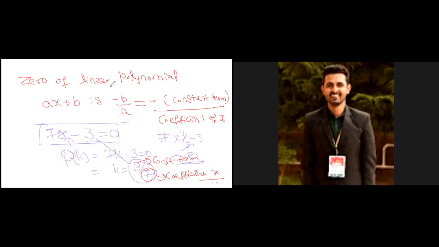So far, in today's class, what have we discussed? Can anyone summarize today's class? Anyone? So today we understood how we can find the zero of a polynomial. Zero is a point at which the graph intersects the x-axis.